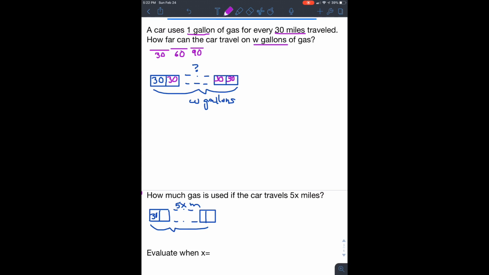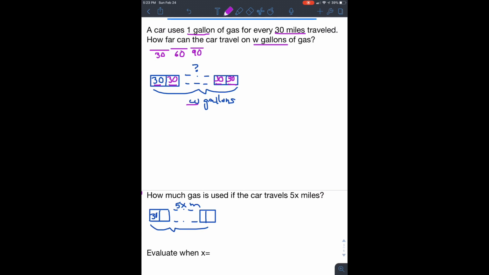So 1 gallon is 30, 2 gallons will be 2 times 30, 3 gallons would be 3 times 30, 4 gallons would be 4 times 30. But the catch is, I don't know how many gallons of gas I have. So I'm doing some number of boxes of 30. So that's why I put my W down here. I don't know how many boxes I have. I have some number of boxes of 30.